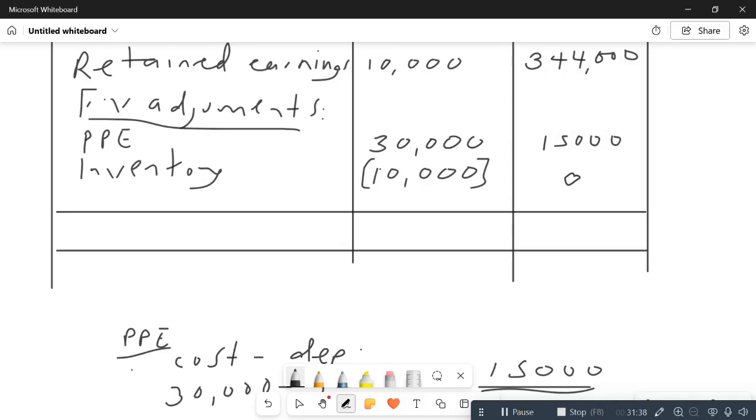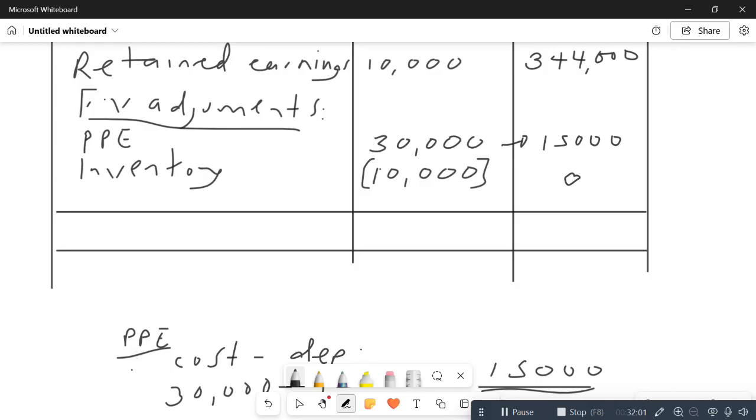At the time when this company was acquired, the PPE raised at fair value adjustment was 30. But as we look at this depreciation, it is reducing it from where? From 30 to 15, which is very clear.